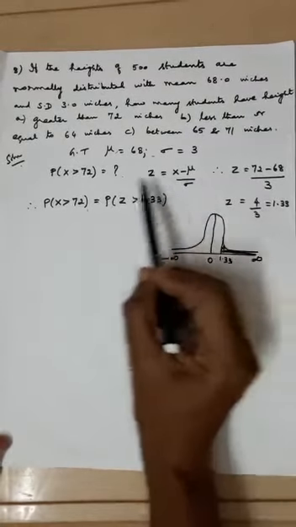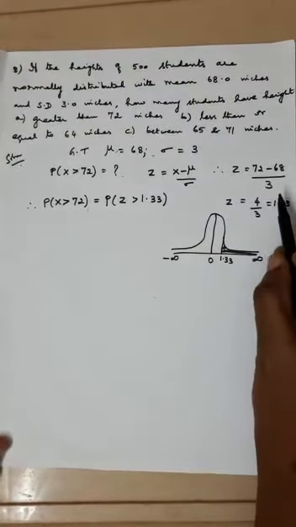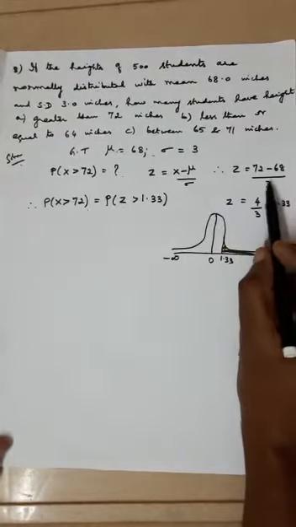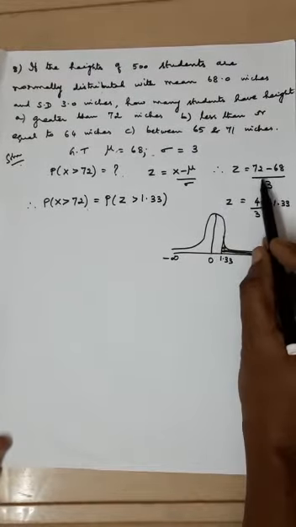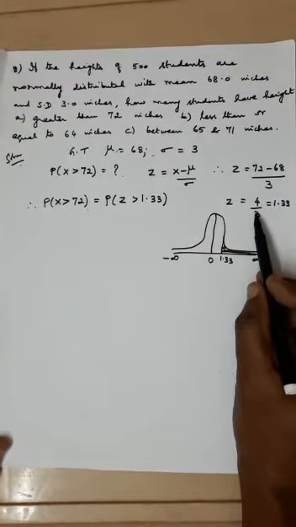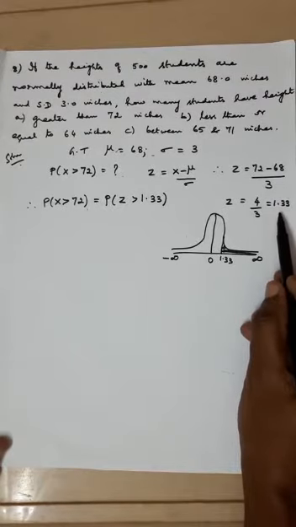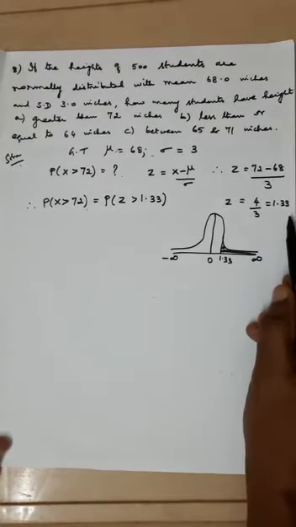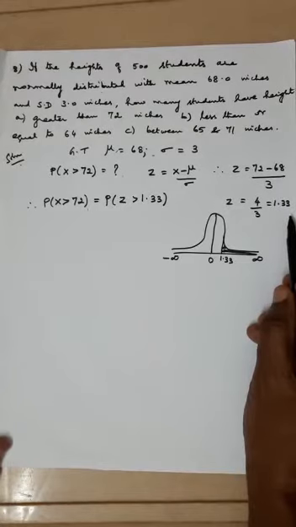So x is now 72. So Z is equal to 72 minus your mu, 68, divided by 3. And 72 minus 68 is 4. So 4 by 3, which is 1.333 and goes on and on. We will round it to 2 decimals, which is 1.33.